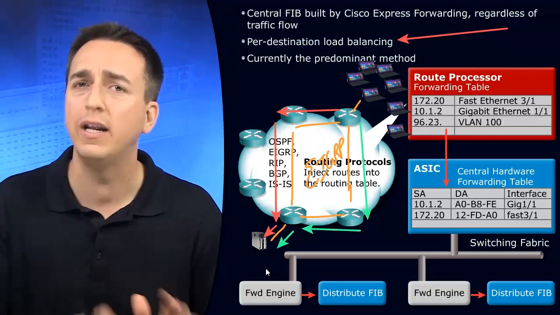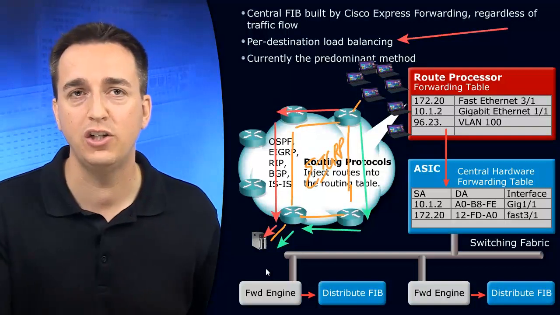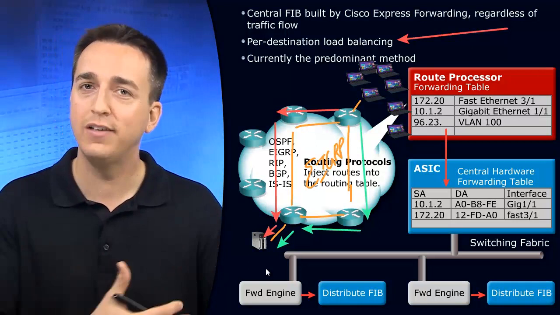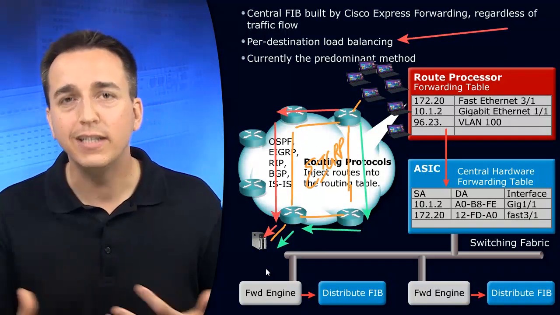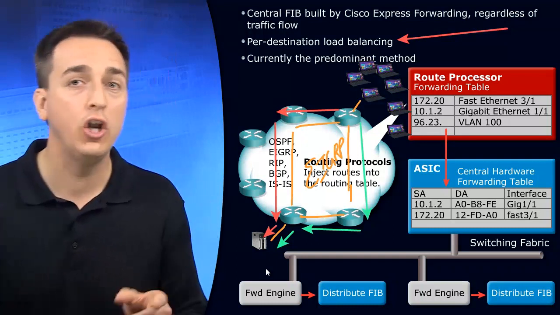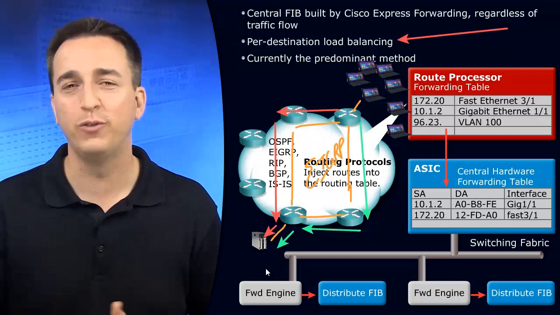But most people won't run into this problem simply because there's going to be a lot of different destinations that a lot of different devices want to reach. So in reality, based on destinations, this typically won't happen. But if it does, make sure you recognize it and know that you could tweak it if you must in order to improve the traffic flow.